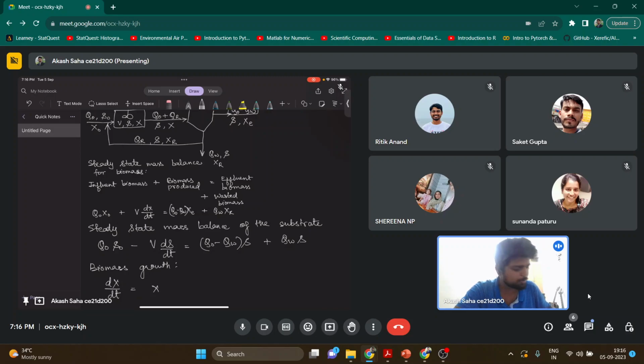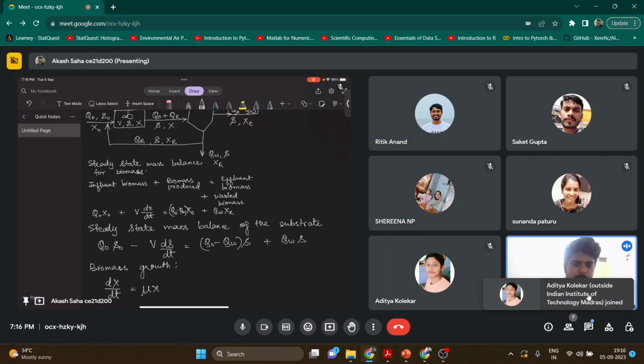But in the case of biomass, we write it as mu x, where mu is the growth rate. So dx by dt will be equal to mu x. But also, we have learned about the growth phase of the microorganism. After a point of time, there will be some decay of the microorganism during the endogenous phase. So some part of microorganisms will be decaying or rather dying.